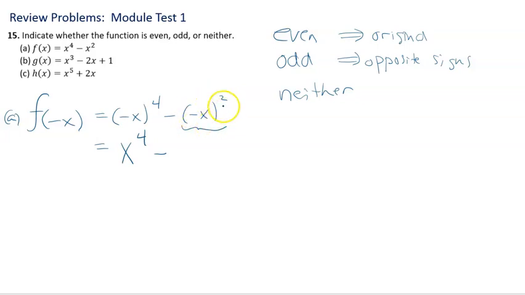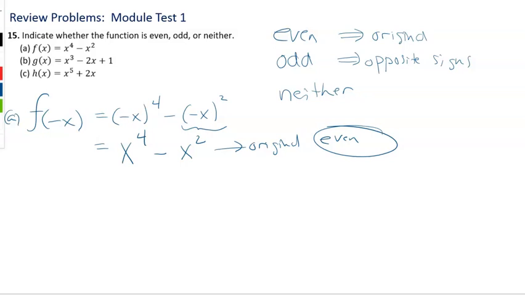You have to do exponents before you multiply. So what is negative x times negative x? Well, that is positive x squared. So this minus just comes down. And again, when you raise a negative to an even power, the negative goes away. Now look, that matches the original. Now what does that mean? That means that the first function, f of x, is an even function.